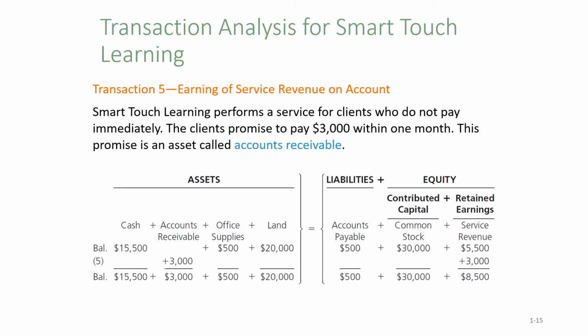This account is then called accounts receivable because our customers owe us that money. So we are increasing the asset of accounts receivable because it's our customers who owe on account. You'll note we are also recording our service revenue increase because we have provided the service to our customer in this example. So therefore we can record the amount of revenue that we have earned.